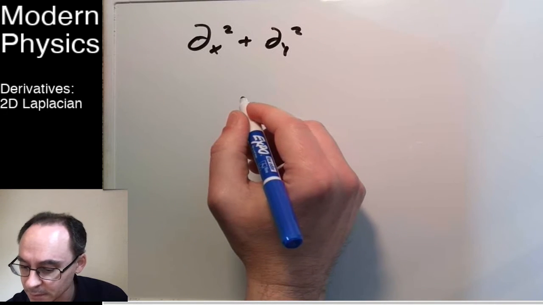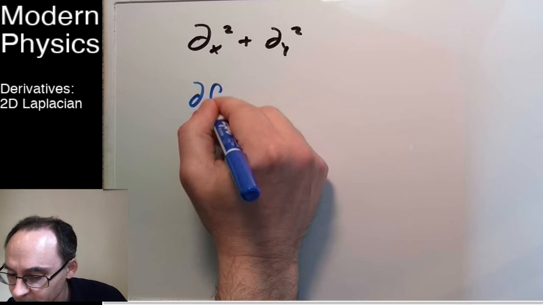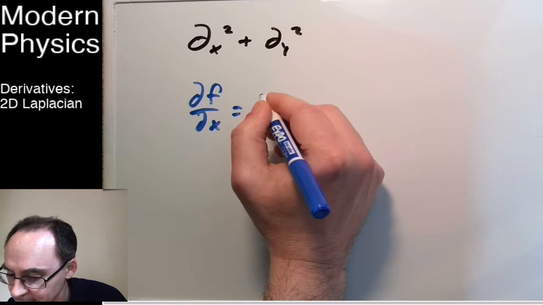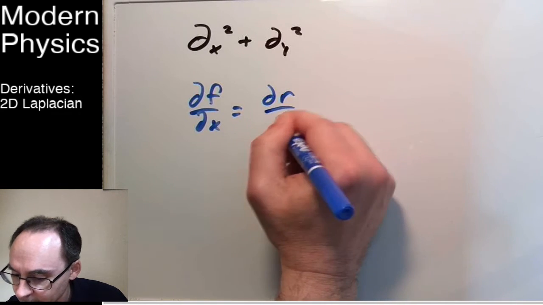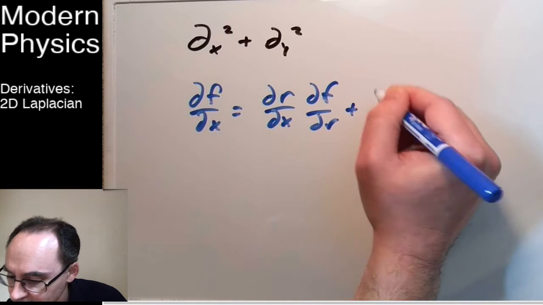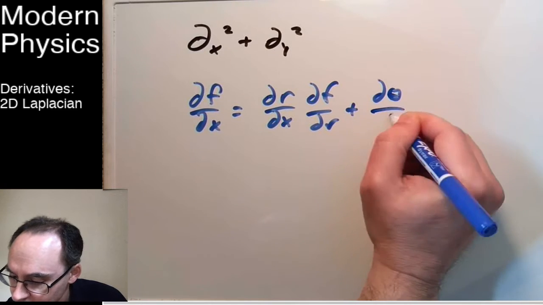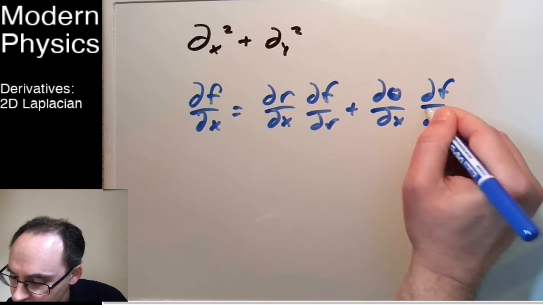For example, if I'm looking at df dx, I can write that as dr dx df dr plus d theta dx df d theta.